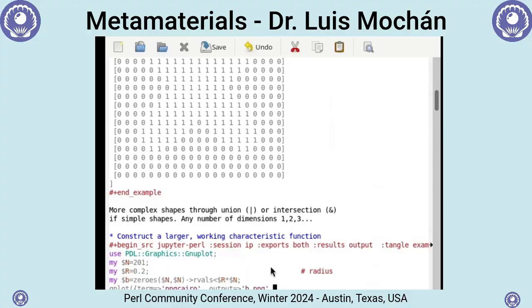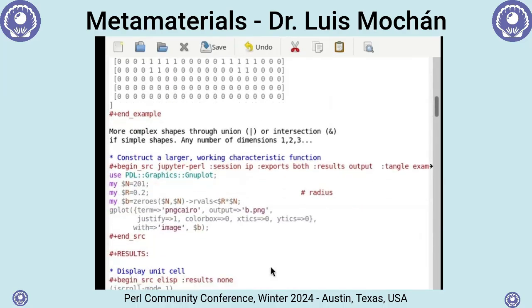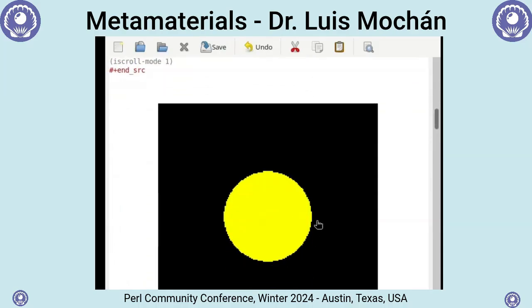So what I'll do here is to generate, again, a circle, but with a higher resolution. And then I'll just display the results. So you see here you have the circle with a better resolution.